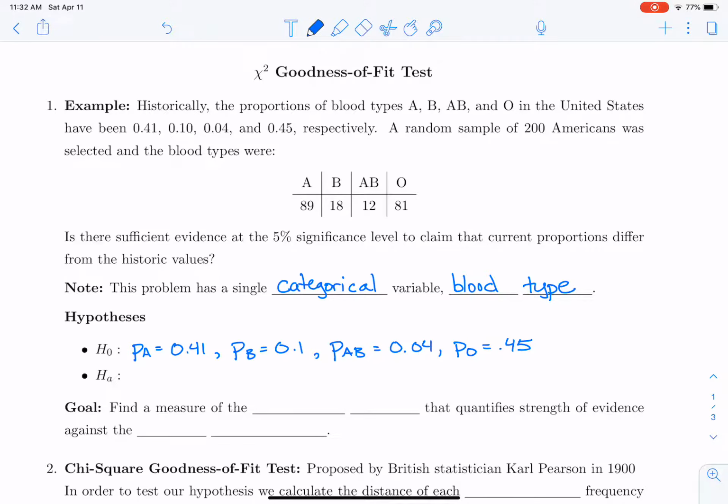Now, the alternative hypothesis that we're going to consider is at least one of these proportions, or probabilities if you like, is different than the historical value.